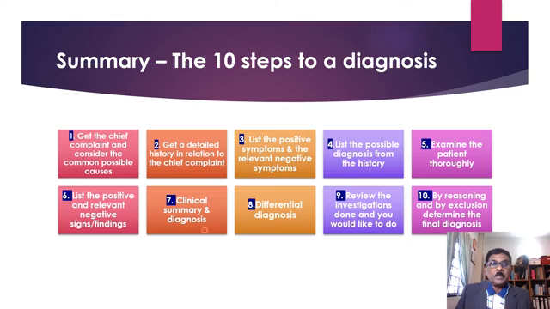At the end of these clinical steps or clinical measures, you come to review the investigations done or that you would like to do further. By reasoning and by exclusion, determine the final diagnosis in this patient.